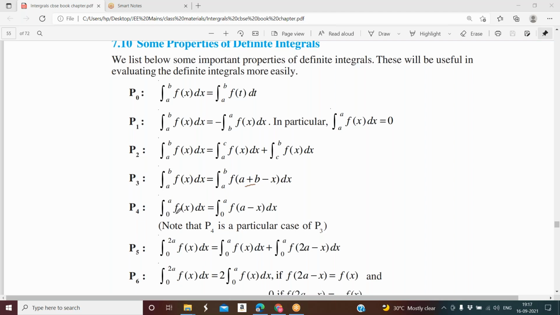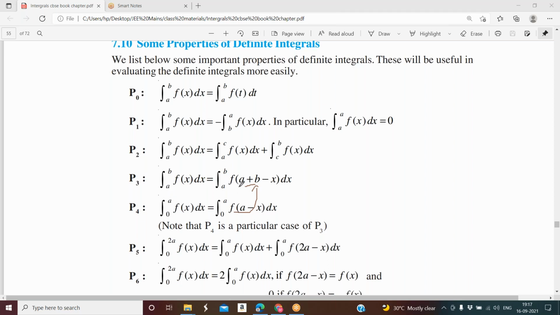Then integral 0 to a f of x dx equals integral 0 to a f of a minus x dx. This is a particular case of the above property. Why is it a particular case? In the earlier property, x varies from a to b. Here we have considered x varies from 0 to a.